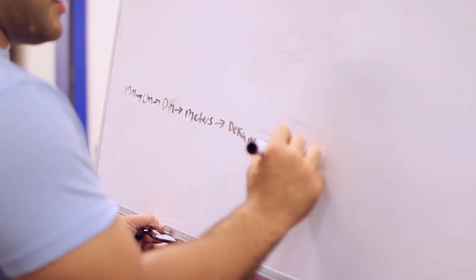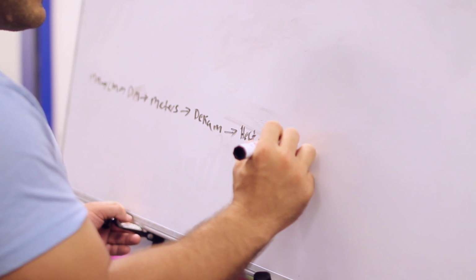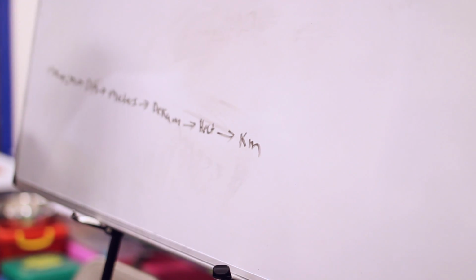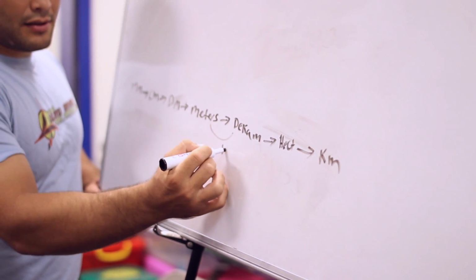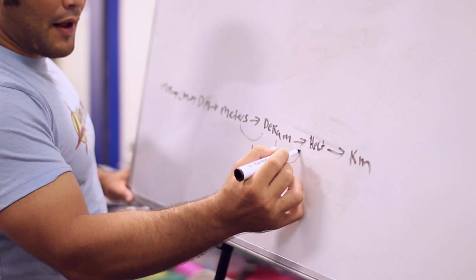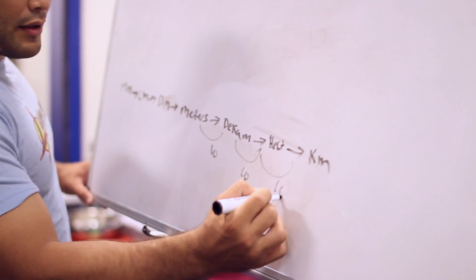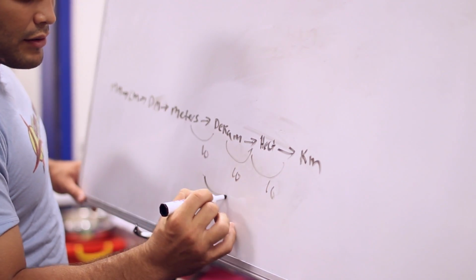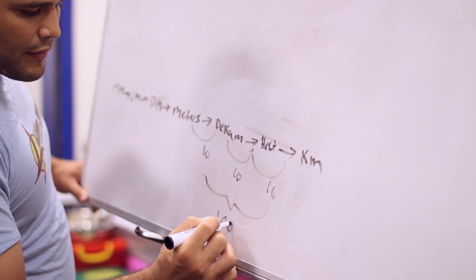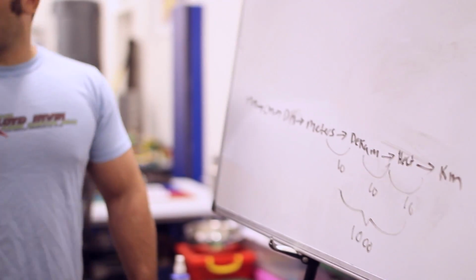Hecto, whatever. And then what? Kilometers. From here to here, what? 10 times 10 times 10? So 1 kilometer equals how many meters? 1,000. Okay, you do this thing and you could always figure it out.